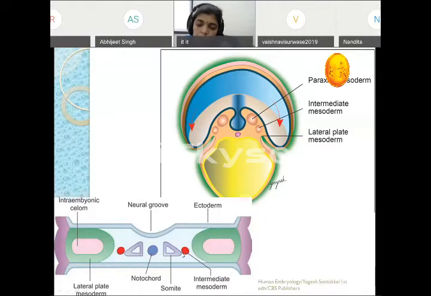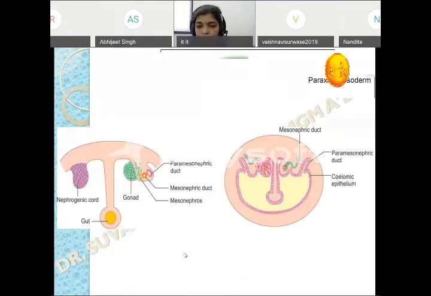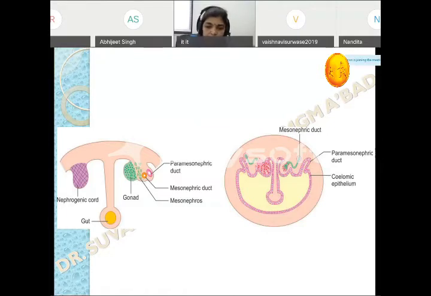Okay. So let's revise in short. The kidney derived from the intermediate mesoderm, which is present in the intraembryonic mesoderm, right? So this intermediate mesoderm, after folding, gives rise to two parts, right? The lateral part forms a nephrogenic cord, which forms the kidney and urinary system, while the medial part will form the genital ridge, which gives rise to gonads, right?